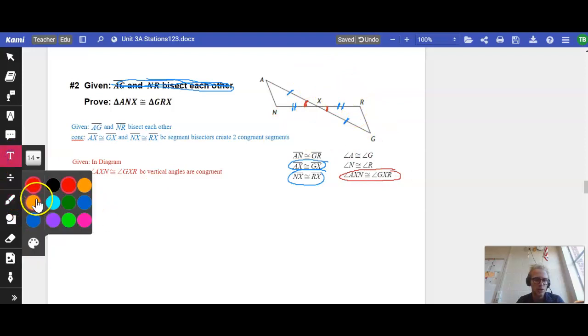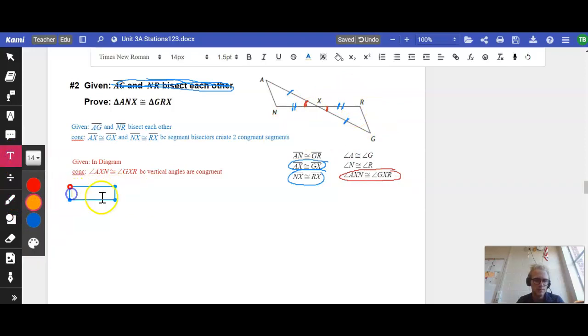So my conclusion here, and I'm hoping that you see the flow of this. It's given, conclusion, justification.